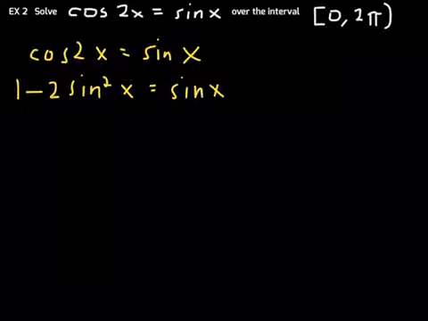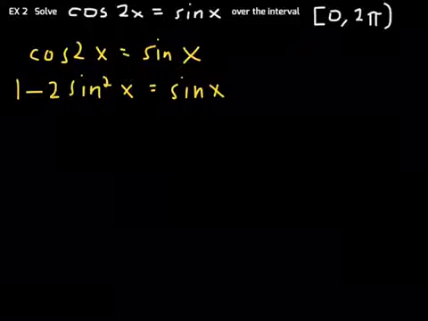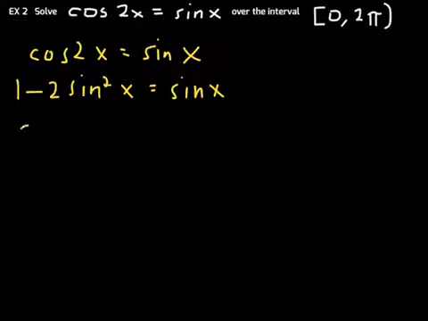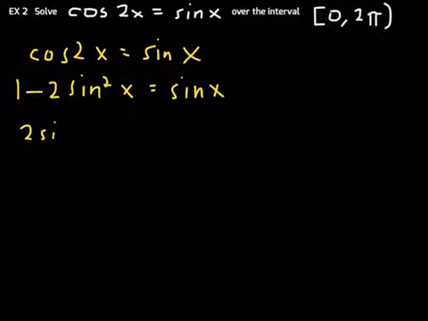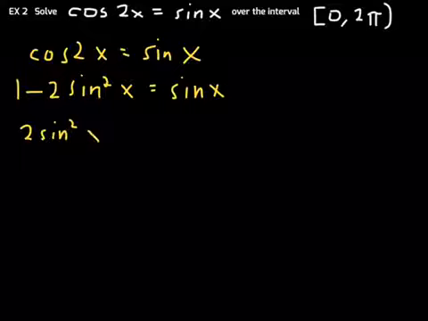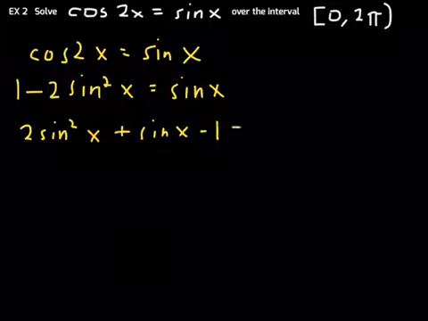The cool thing about this equation now is that everything is in terms of sine. If you set this whole equation equal to 0, I think you'll be in good shape. So you have positive 2 sine squared x plus sine x, and then minus 1 when you set this equal to 0. All right, cool deal.